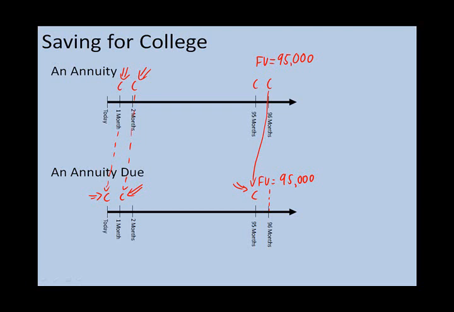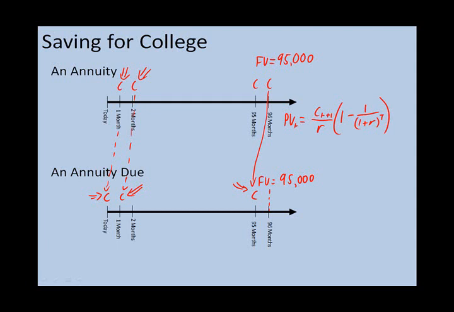In terms of formulas, we know from previous lectures that the formula for an annuity is that the present value at time t is equal to the payment that starts at time t plus 1 divided by the discount rate, multiplied by 1 minus 1 over 1 plus r to the power T. Now with an annuity due, we know that the payments start today, and because of that we earn an extra month of interest relative to the annuity.